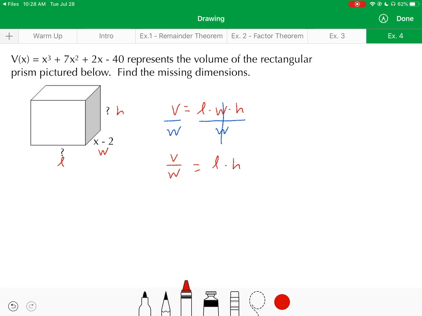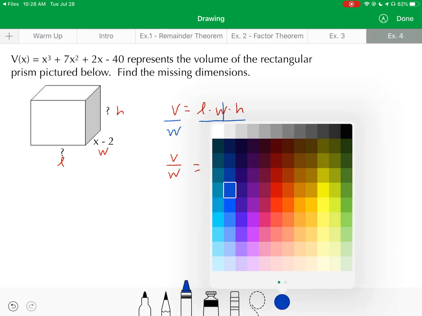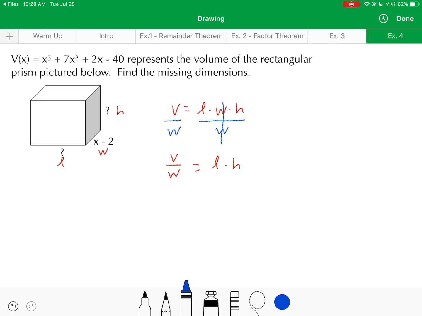So based off of that, since I am taking v and I'm trying to divide it by the width, well, the width here is x minus 2, which is a linear binomial, so this process would be best done with synthetic substitution or synthetic division. So I'll put a 2 in the box since I'm dividing by x minus 2.